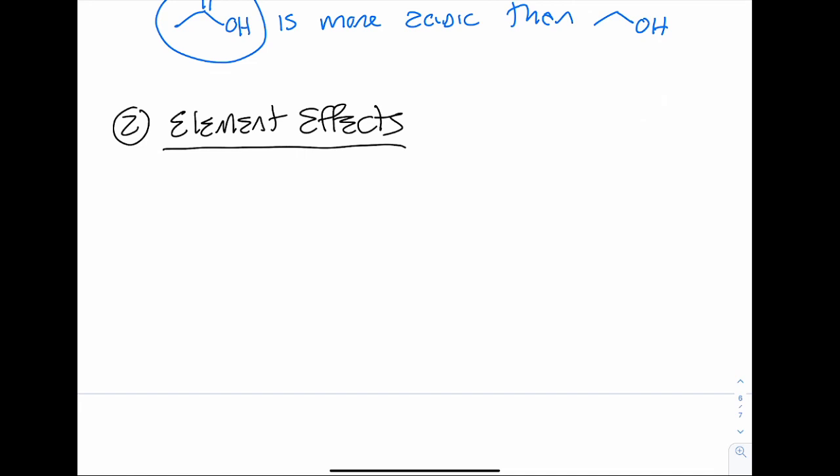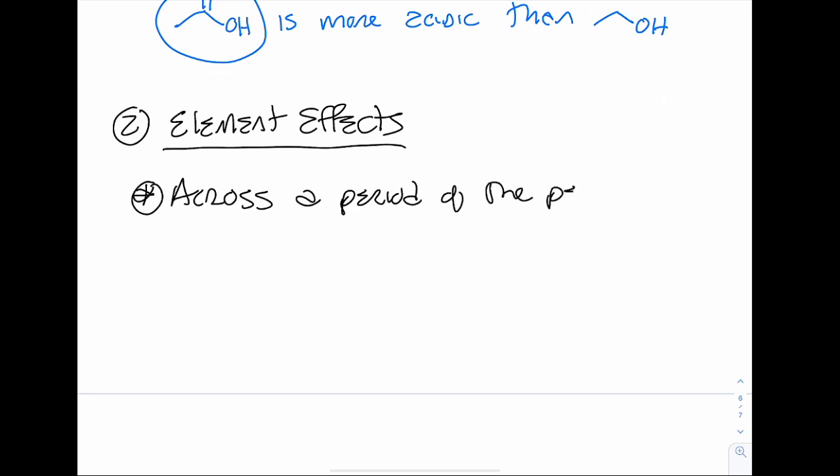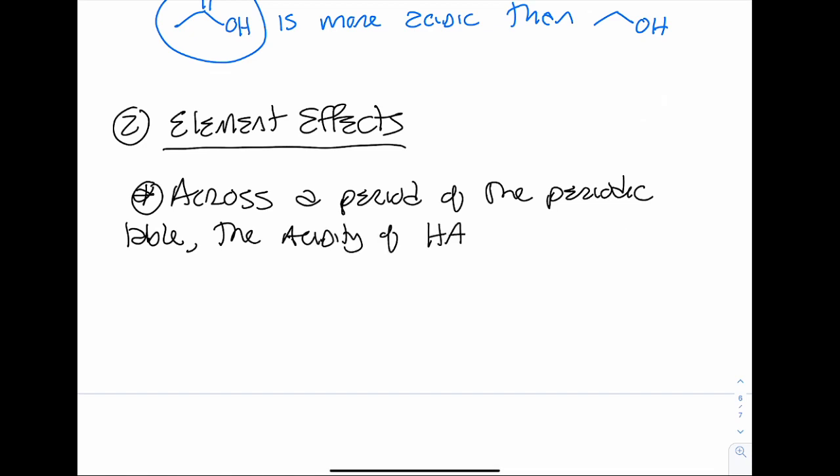So across a period on the periodic table, the acidity of HA, so A just being a generic conjugate base again, increases as the electronegativity of A increases.